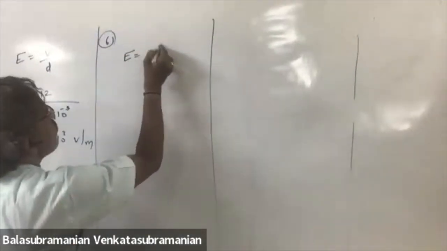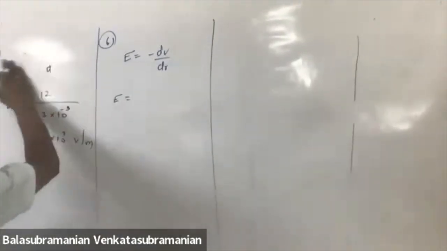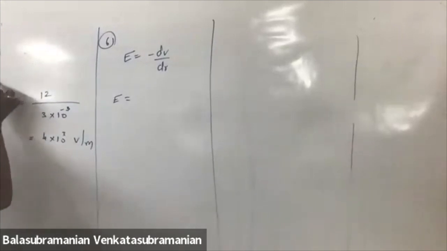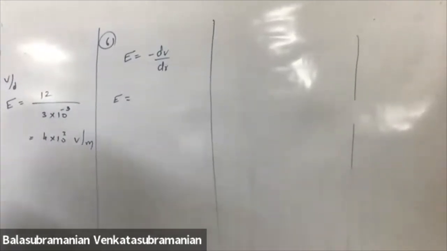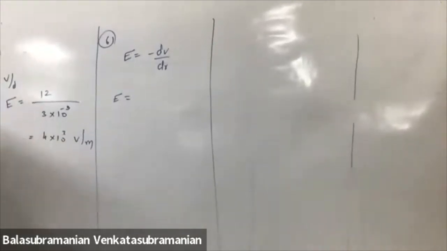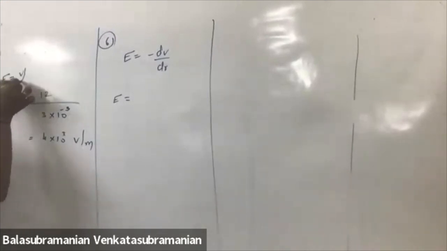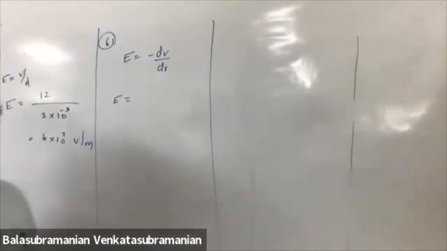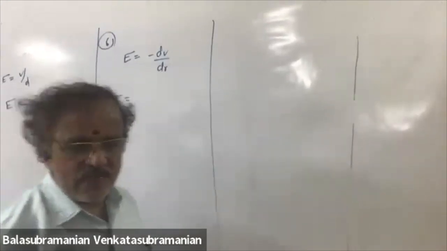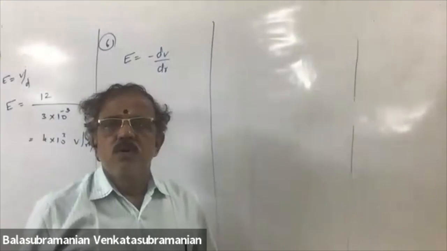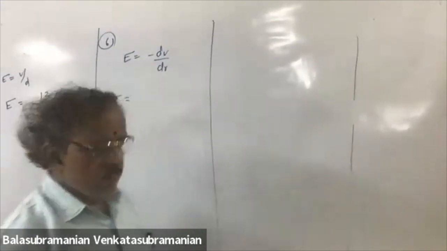E is equal to minus dV by dr. Here E is equal to V by D. This is one formula, and another formula is minus dV by dr. Negative sign because both are positive charges, so because of repulsion, you are getting a negative sign.